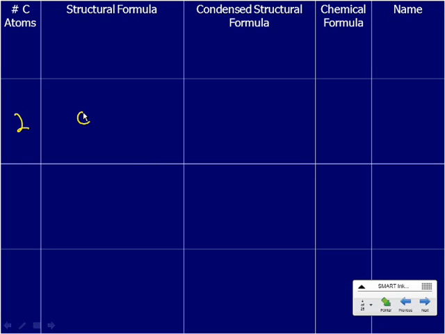Structural formula: C double bond C, with H, H, H, H. And condensed structural formula: CH2 double bond CH2. So we squeeze it together there, okay? Its overall chemical formula, C2H4.